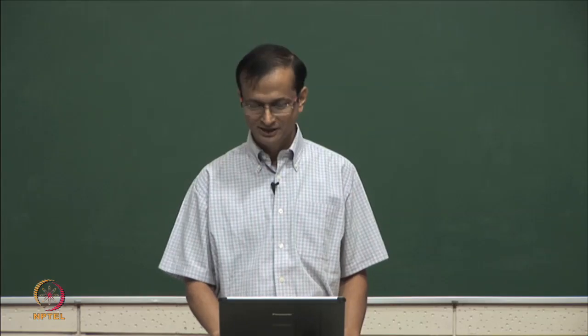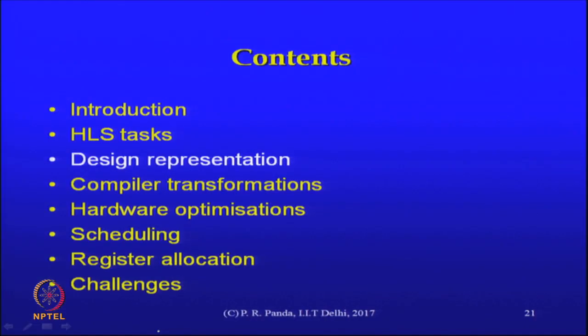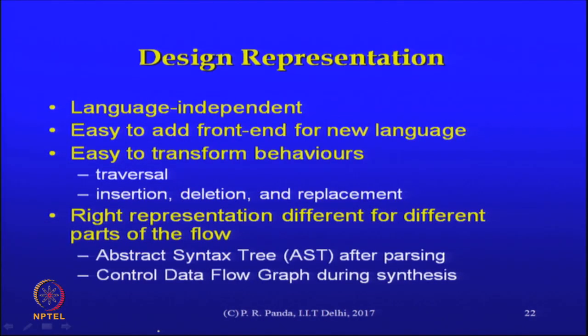Yes, we do want that intermediate representation to be language independent, because languages may change, but those changes may be of a very superficial nature, because it is just like instead of entity you have module or something like that, but your synthesis mechanisms are not going to be changed just because the language changes.